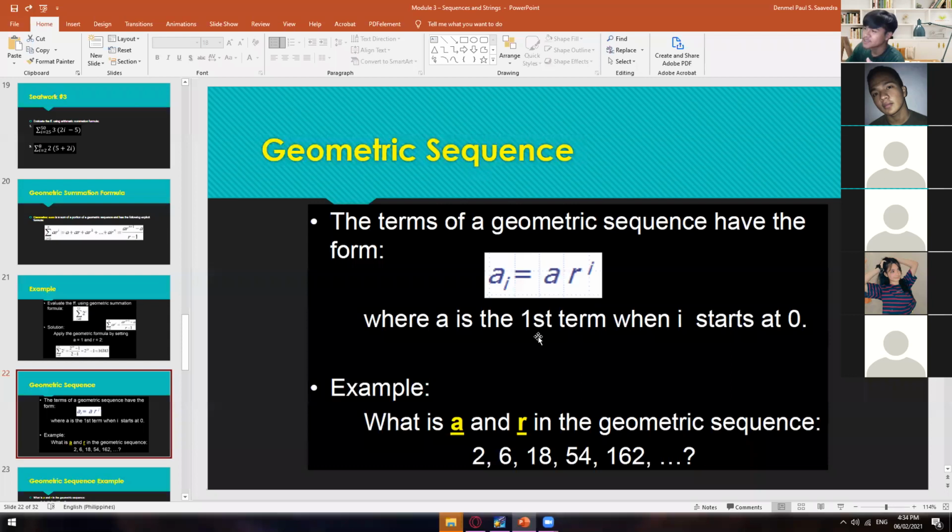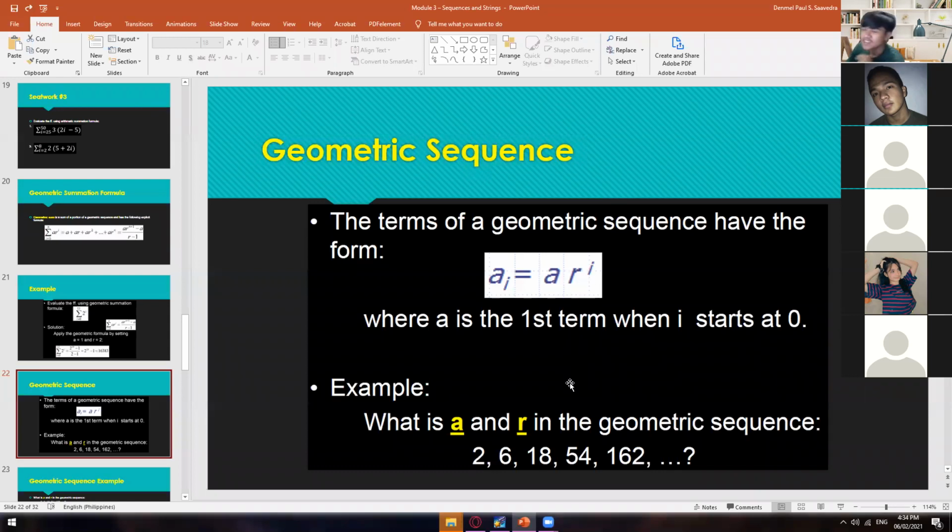So let's see. According to Mr. Labsan, this one is 1. So 2 times 1 raised to 0 is 1, 2 times 2. How about if it's 2? So 2 ones.